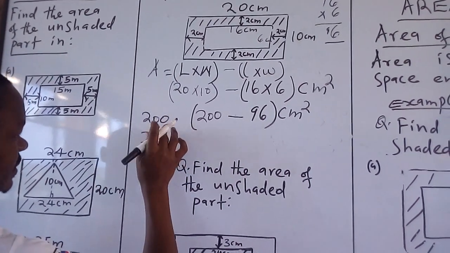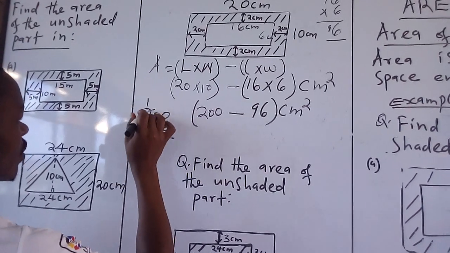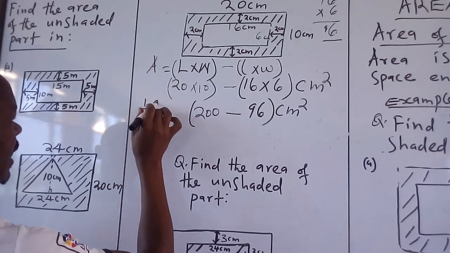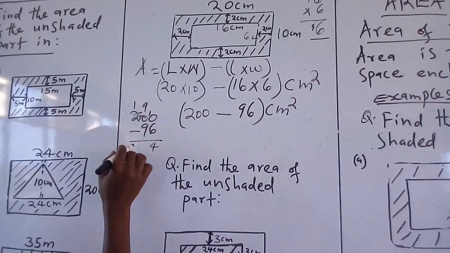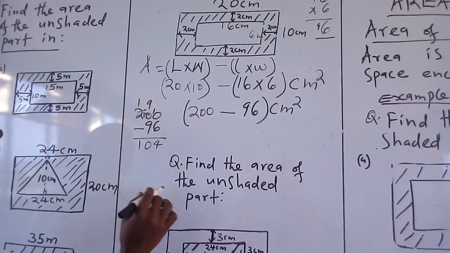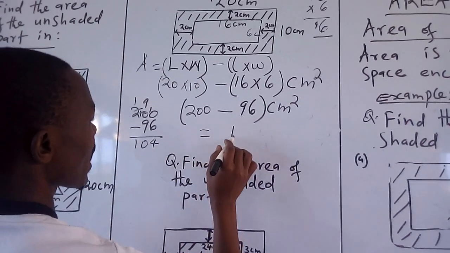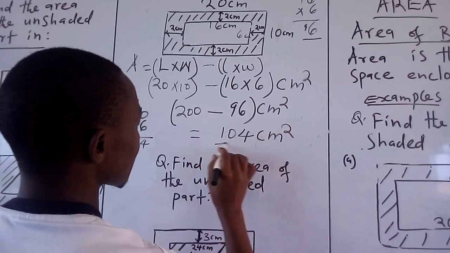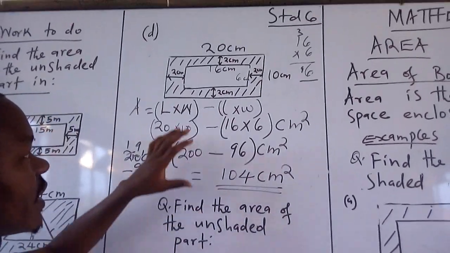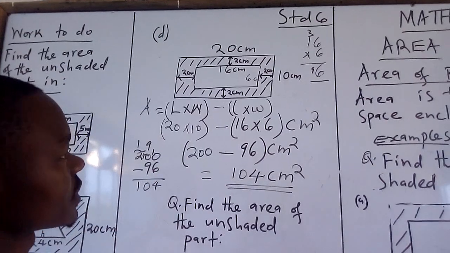You cannot subtract 6 from 0. So you borrow 1, 10, 9. 10 minus 6, you get what? 4. This is 0, this is 1. Therefore, your answer should be 104 square centimeters. That is how we calculate the area of the shaded part.